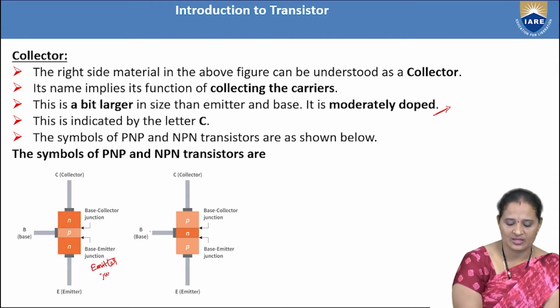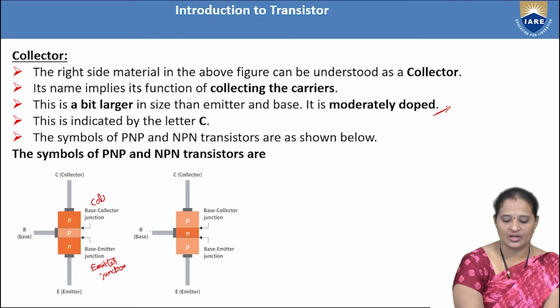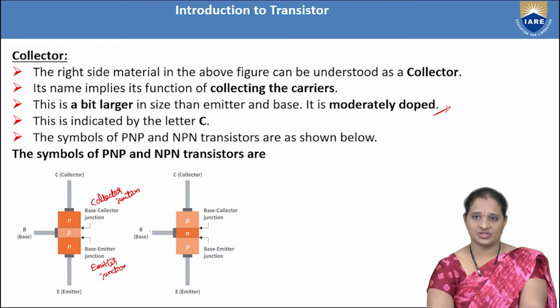One more junction is between base and collector, which we can also call the collector junction. So this is a 3-terminal 2-junction device.